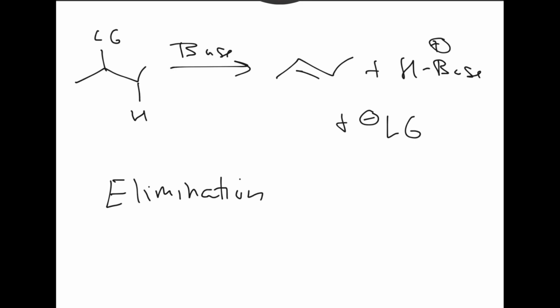This is an elimination reaction. This is the reaction that we were doing at the end of the last set of slides to make alkenes, right? We were removing HX to make a double bond.